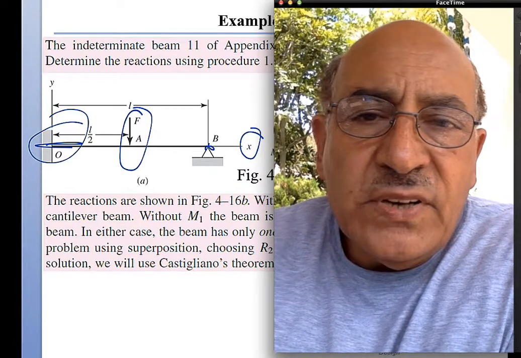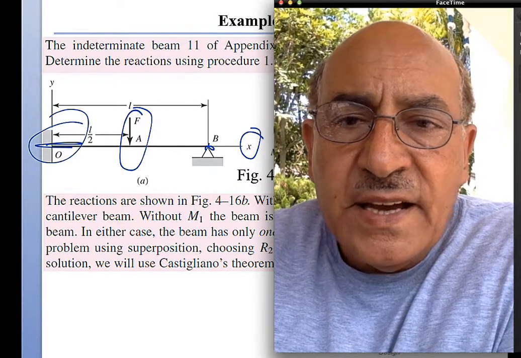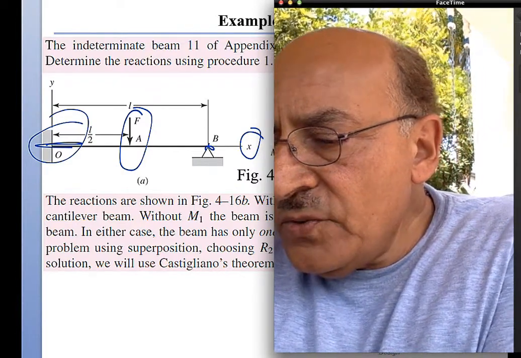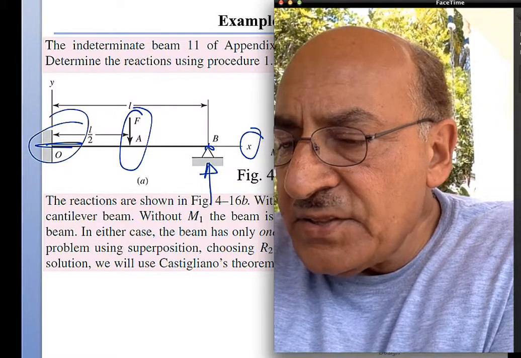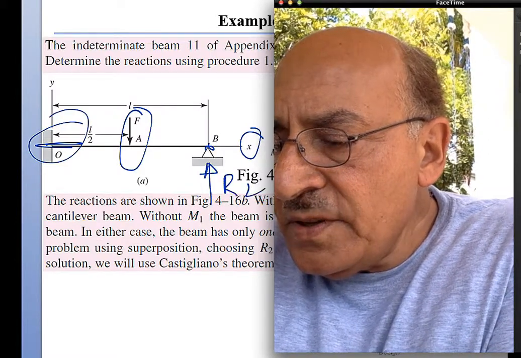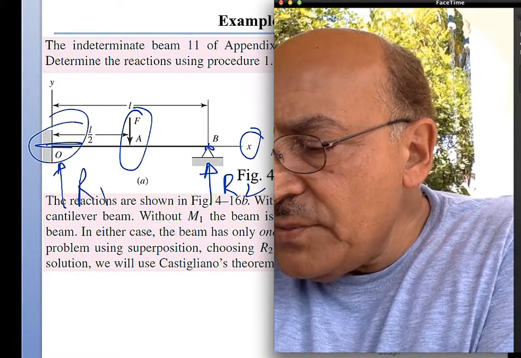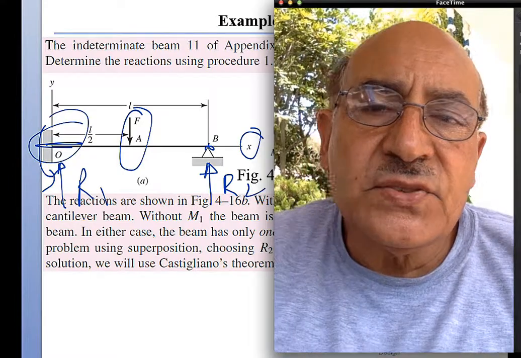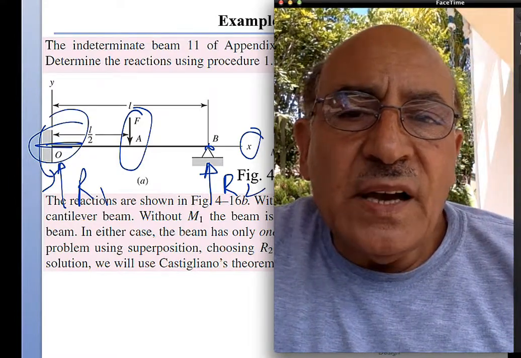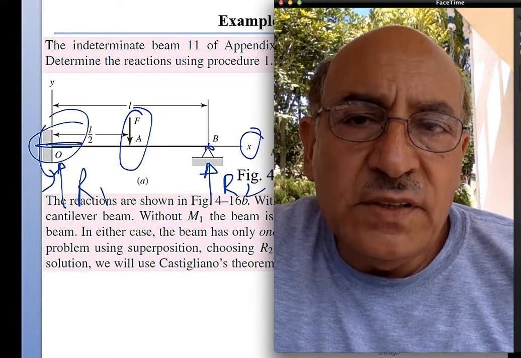So if we look at it, in this case, the force F will be reacted by a reaction here, R2, and a reaction here, R1. But I also have to have a moment here that is associated with the fixed wall.